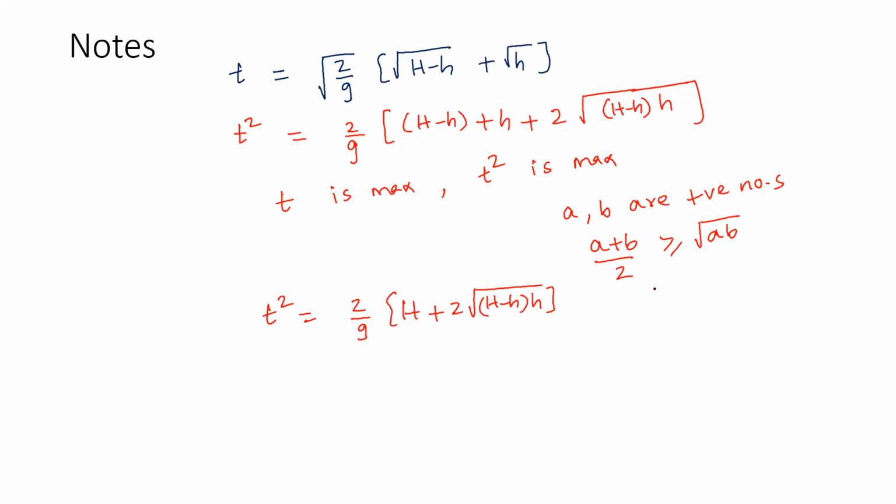Now here, if I apply this, the square root of (H minus h) into h will be smaller than or equal to (H minus h plus h) by 2. So we can say that T square is maximum.